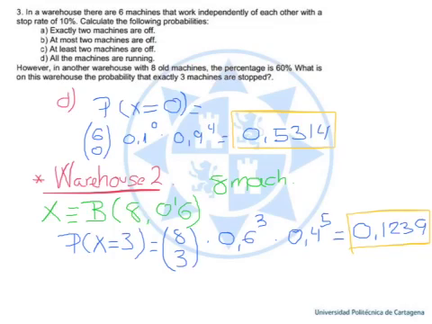So the probability that the machines are in is 0.4, and we can find it in the tables. Here you have the distribution it would be if we wanted to look for the value in the tables, but we are not going to do that, just in case you are interested.